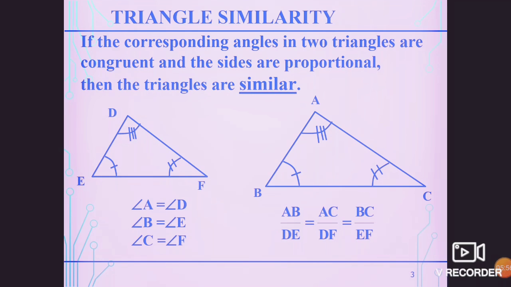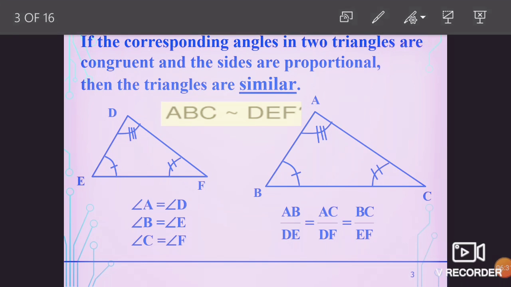If AB by DE is some particular value, say X, and we can find that AC by DF is also X. If the value of the ratio of AB by DE and AC by DF is equal, and also BC by EF is also equal to X, then we can say that this ratio is true.